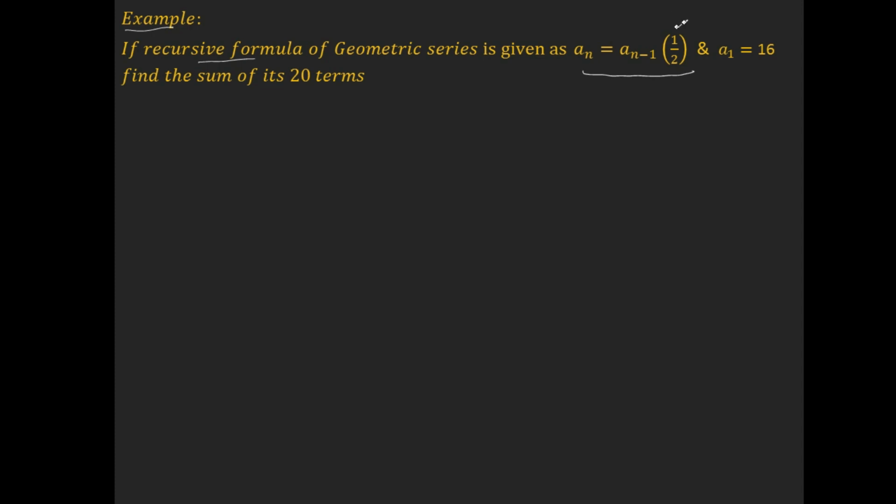This means r is 1 by 2, because the previous term, An minus 1, is multiplied with 1 by 2 and we get the next term, An. The first term is given as 16, and we are to add the first 20 terms of this series.